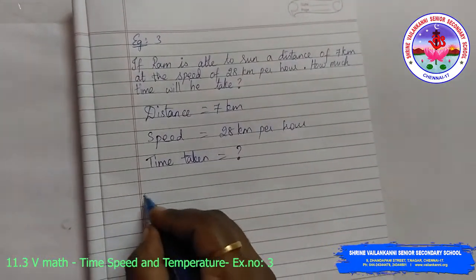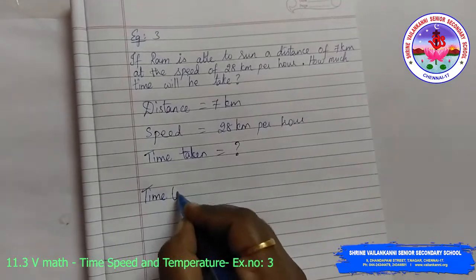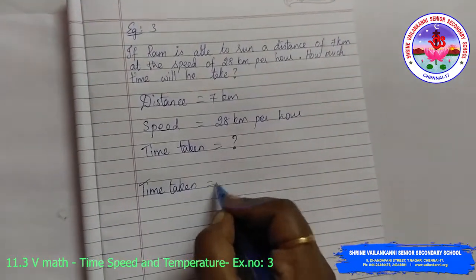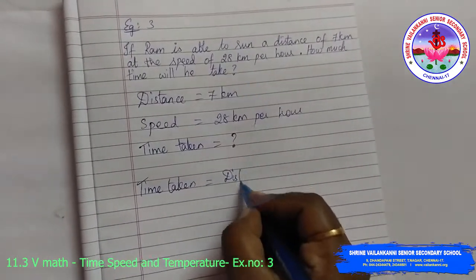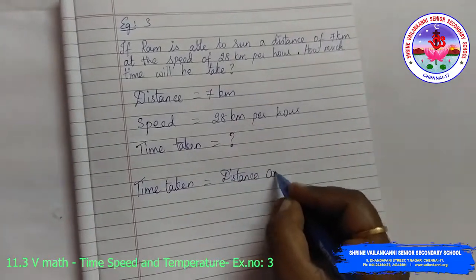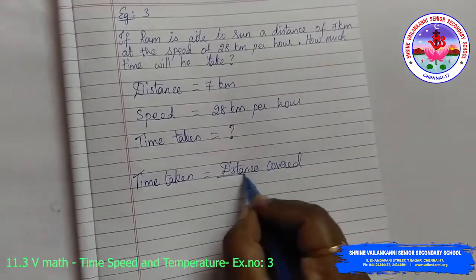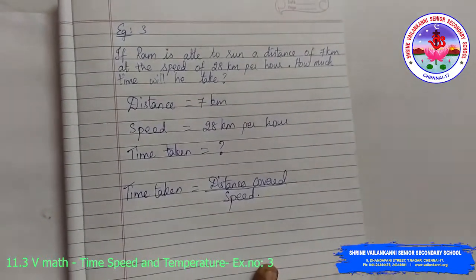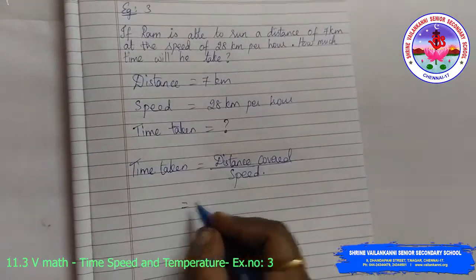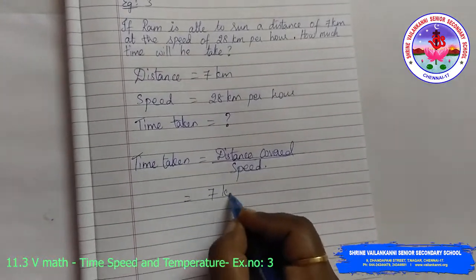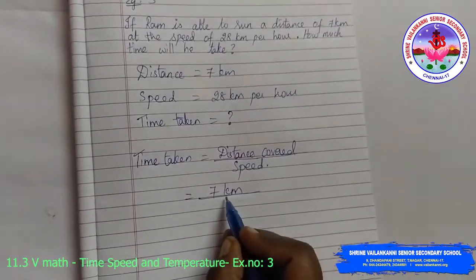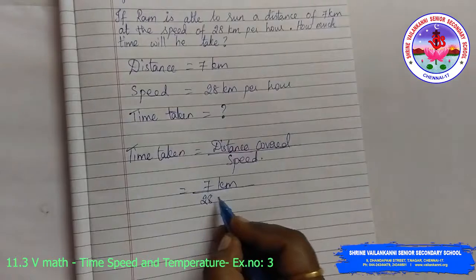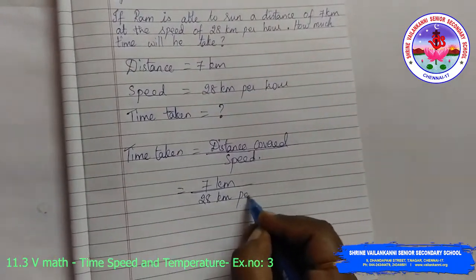What is the formula to find the time taken? Distance covered by speed. What is the distance covered? 7 kilometer. What is the speed? 28 kilometer per hour.